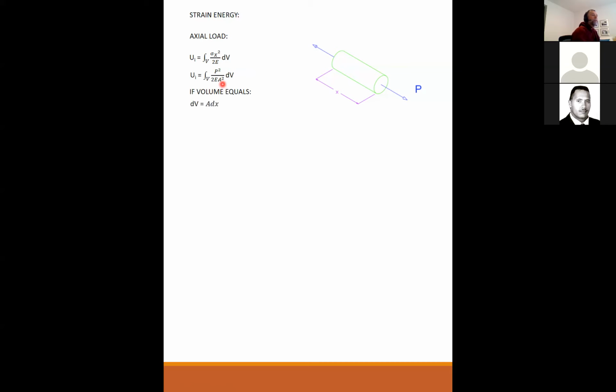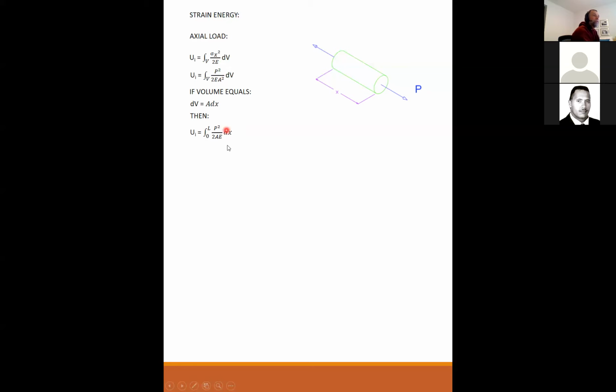If the volume dv is equal to the area times dx, the distance, then I can plug that in here. Now, dv was the area, so one of the area squareds drops out.